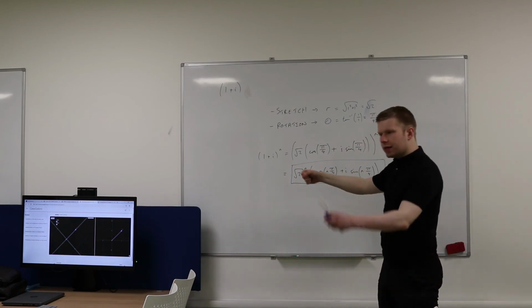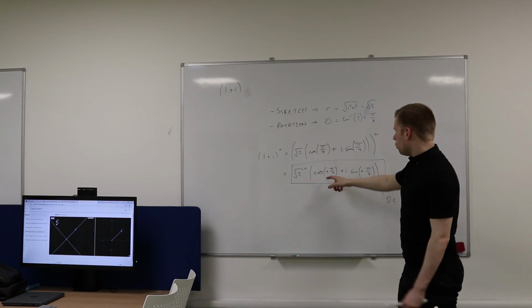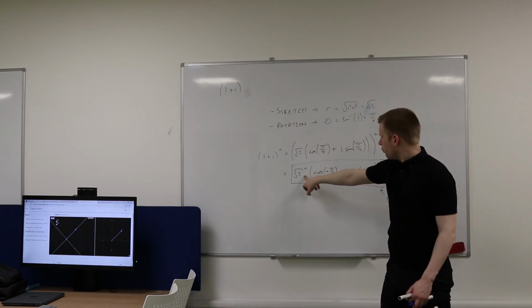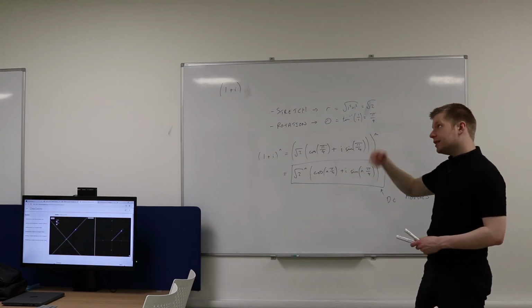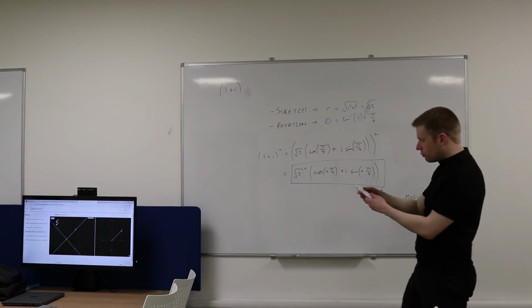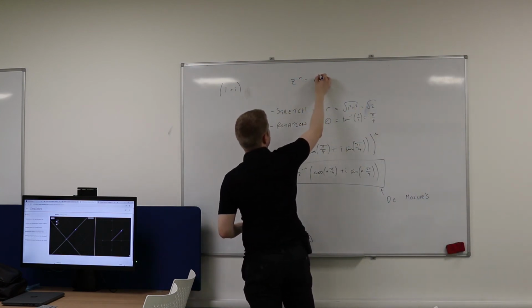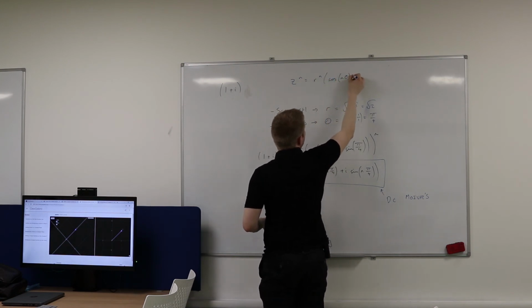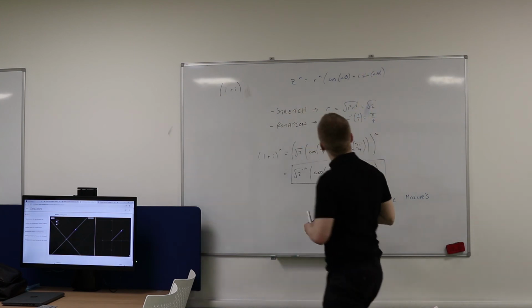You're stretching the plane that many times, and rotating the plane that many times as well. So you raise r to the power of n, and you multiply theta by n. Generally, you can write z to the power of n as r to the power of n, cos of n theta plus i sine of n theta. Is that okay?